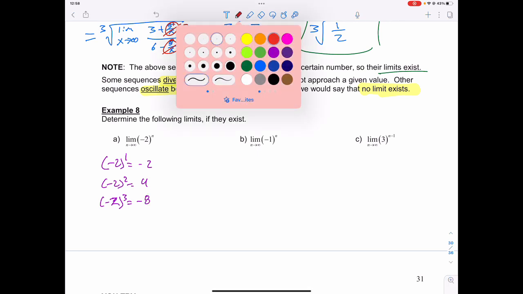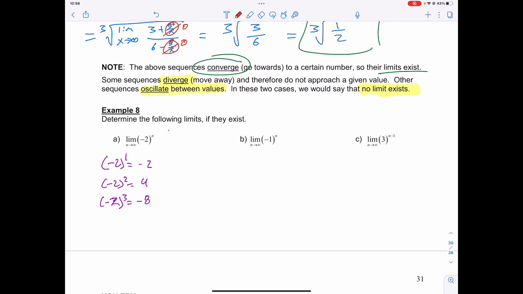As we can see, this is oscillating, divergent. It's not approaching a specific number, which means that the limit does not exist.